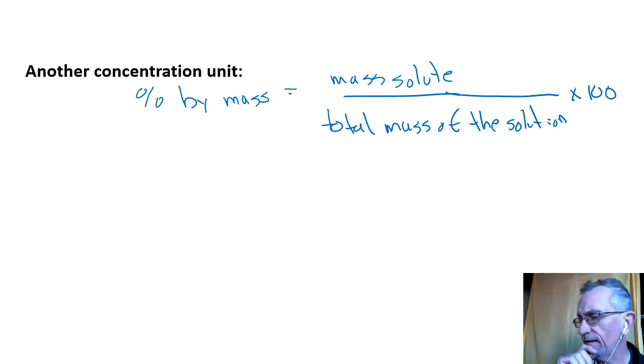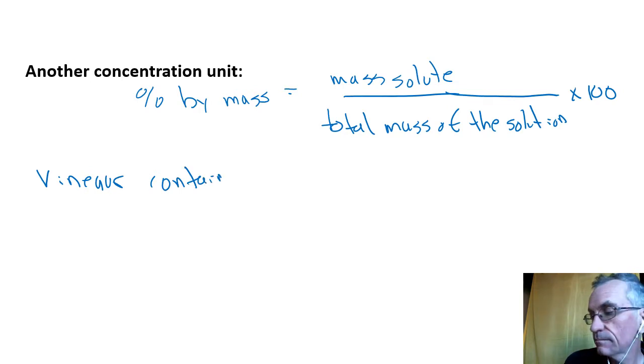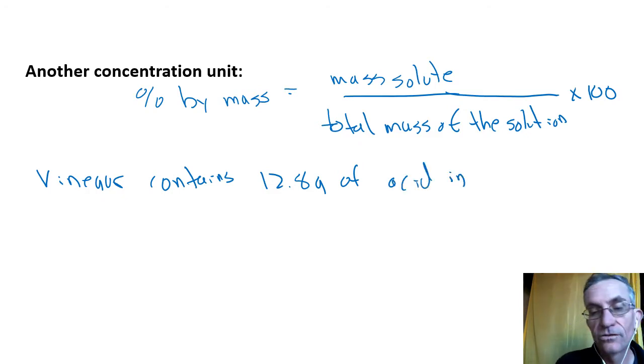Let's say you buy a bottle of vinegar down at Vaughn's or whatever, and vinegar, let's pretend, contains 12.8 grams of acid in 225 grams of water.